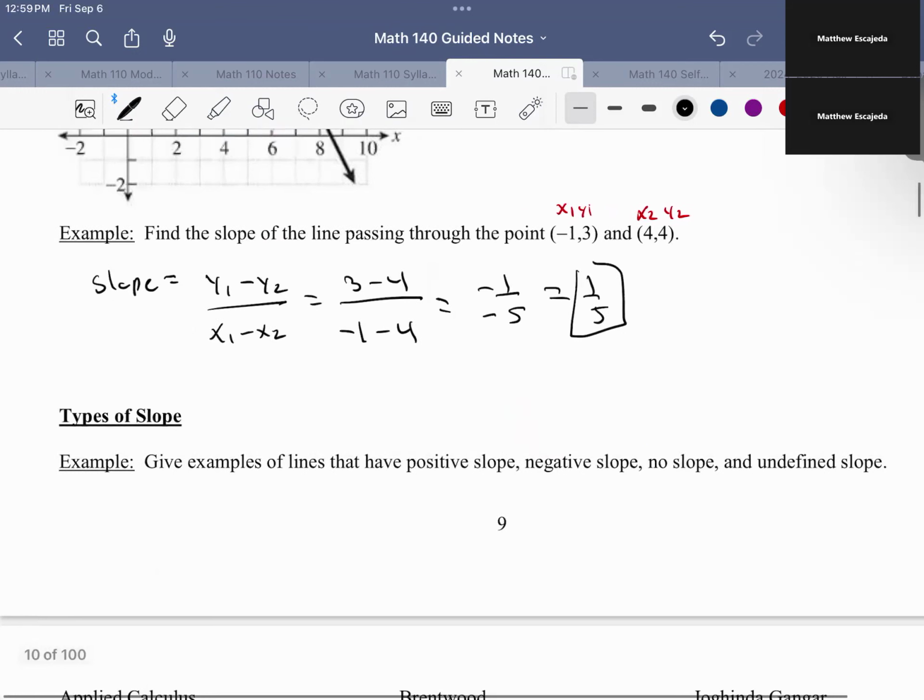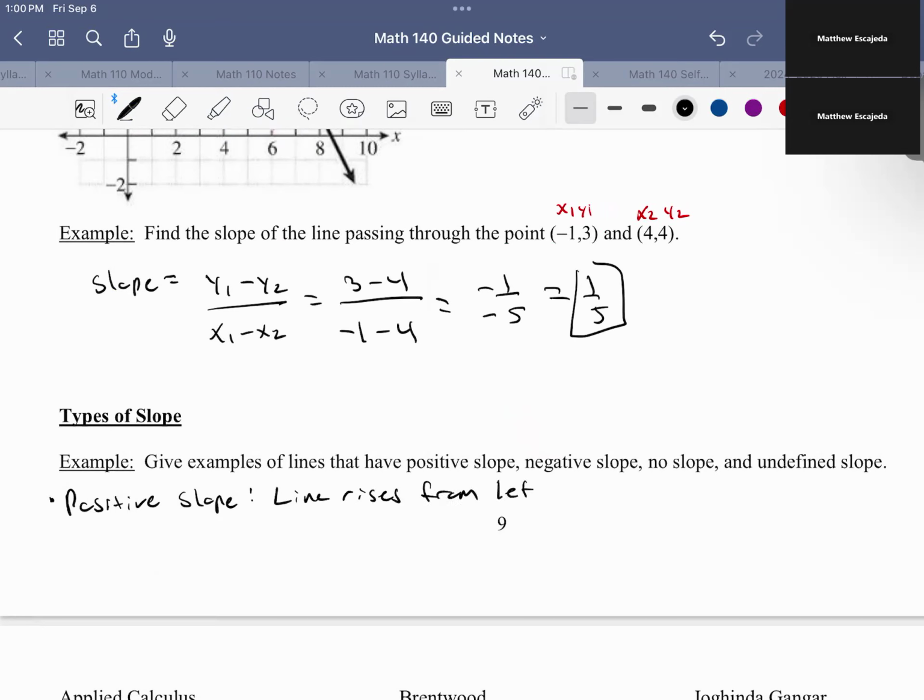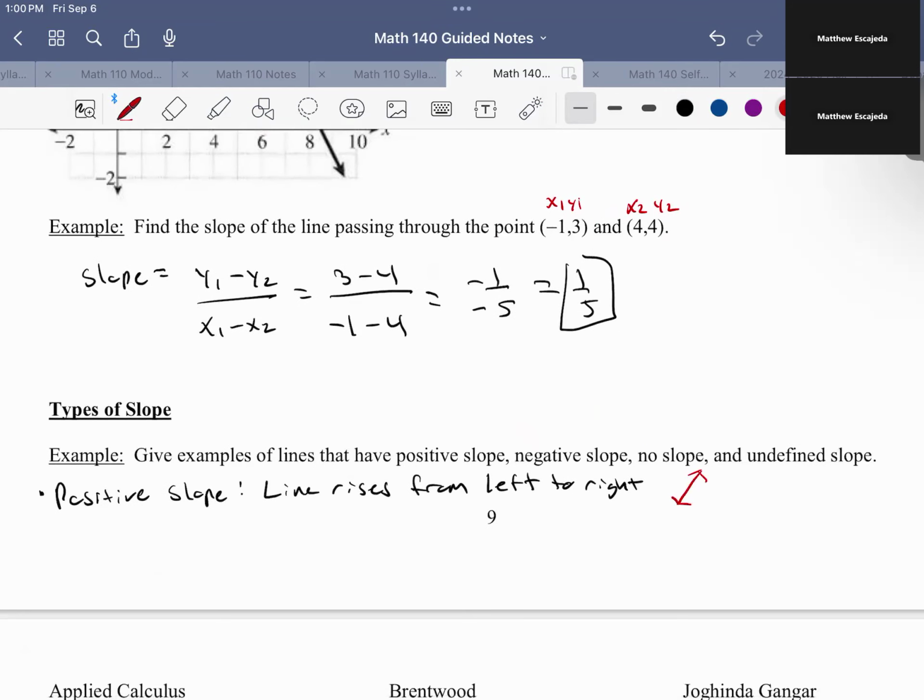For positive slope, you could say the line rises from left to right. It looks something like that. It's rising from left to right, like you're going up a hill.